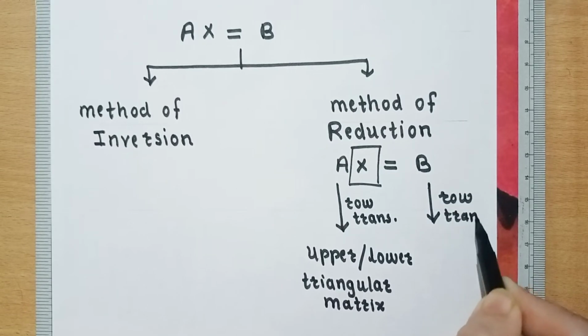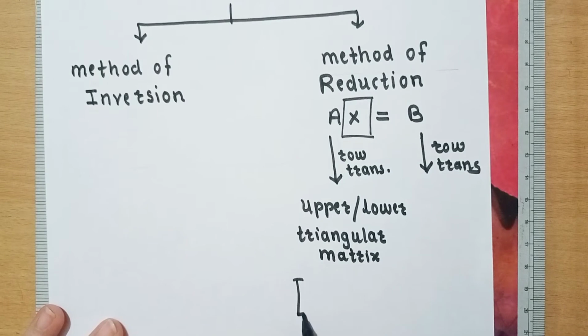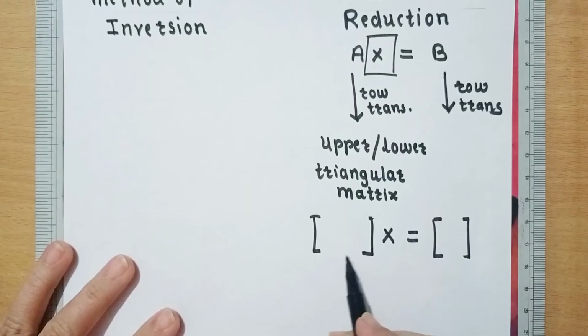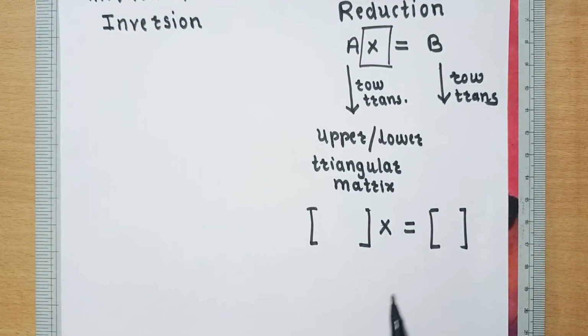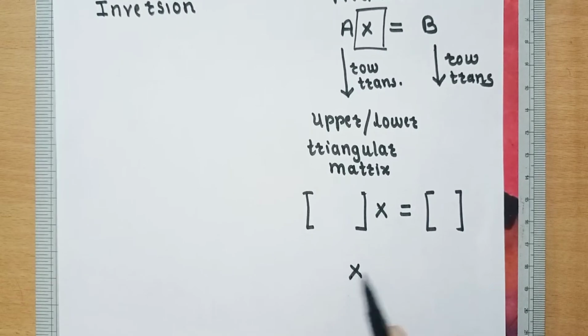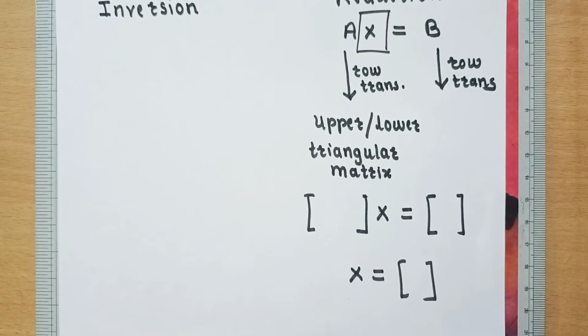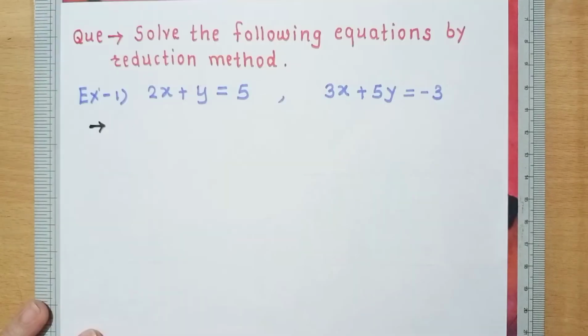So we will get a new matrix which is upper or lower triangular, X as it is, and the column matrix which is again new. We'll rewrite these linear equations here, and by the elimination method we can find the values of the variables. So this is the reduction method.